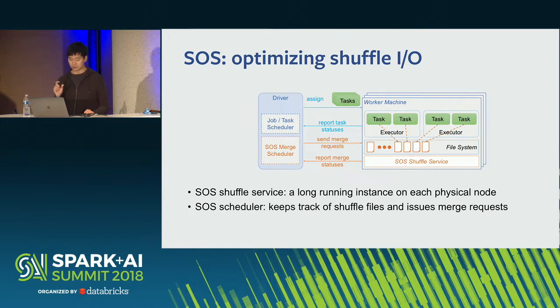What controls this is a scheduler component that each job's driver has, which, depending on the progress of the job, sends these merge requests and then gets reported back when these are merged. So you can see how each job controls its own merges via the SOS scheduler.